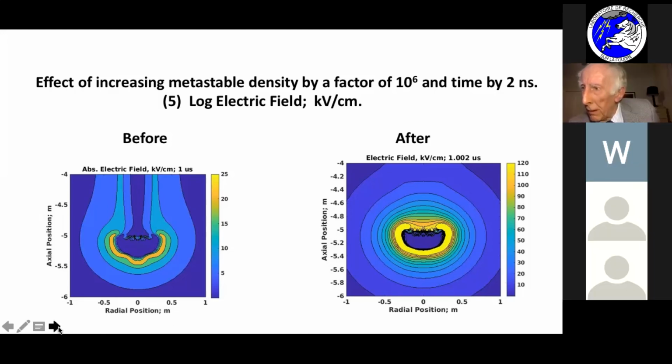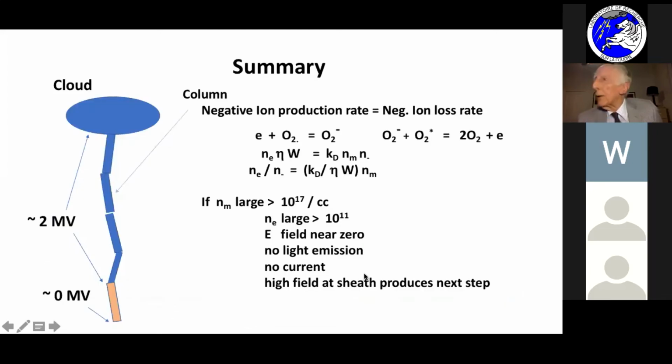Finally, and this is my last slide, I'll go over all this again, but this slide is primarily to describe what goes on in the column, now that I've finished describing the steps. In the column, I'm saying there are two reactions going on.